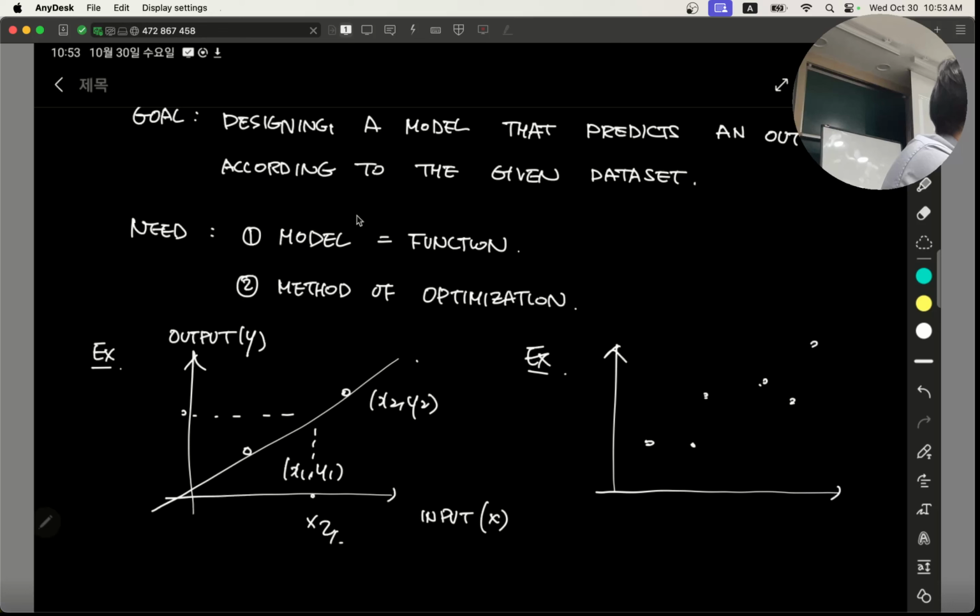You want to predict what the next output will be if I input another value of x. So your best prediction is to find a line that best matches your data set, so that you can predict your next output for your next input to lie somewhere on this line, right? So that's your best prediction.